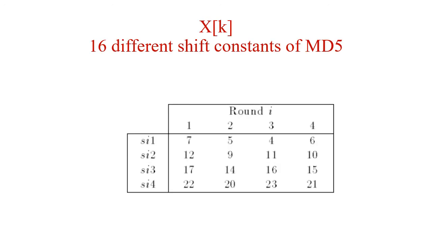Then xk is a shift constant which is used by MD5, and there are 16 different shift constants used in every round, and these are constant values. So this is how your MD5 algorithm is working, and it is generating a 128 bit message digest.